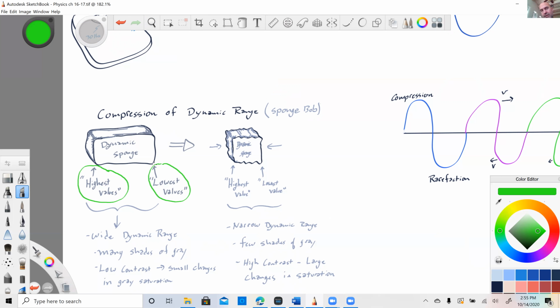We can decrease that dynamic range, and the highest values are still at that end, and the lowest values are still at this end. The middle value is still here, but they're all a little bit closer together.